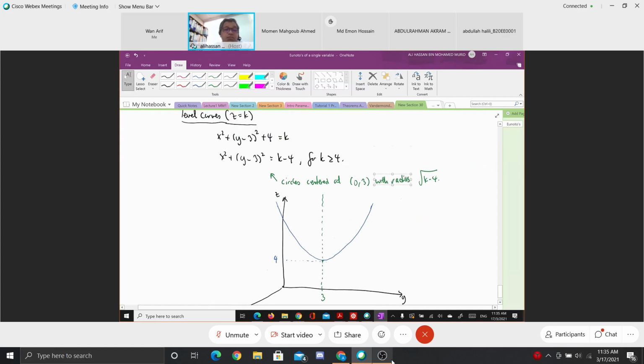If we slice the surface, they're all circles. So that gives you a circle, something like this.